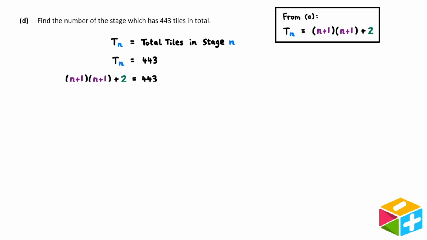We can write this expression in the place of Tn and then solve the resulting equation for n. As a first step, we can rewrite the (n+1) times (n+1) as (n+1) all squared. To remove the 2 from the left-hand side, I'll subtract 2 from both sides.